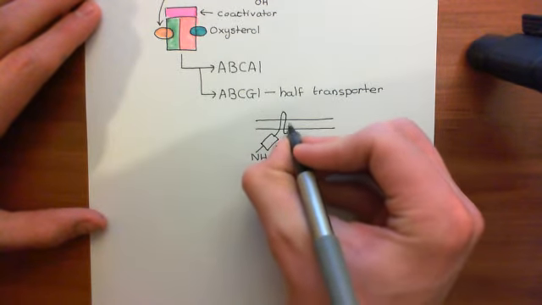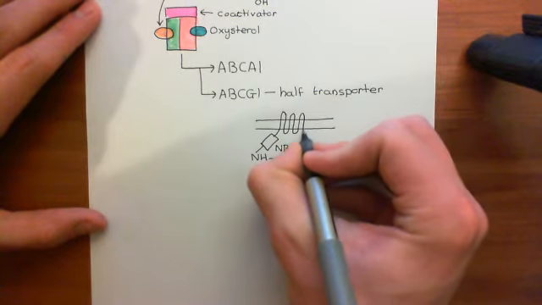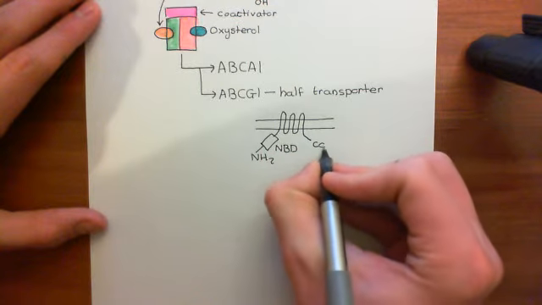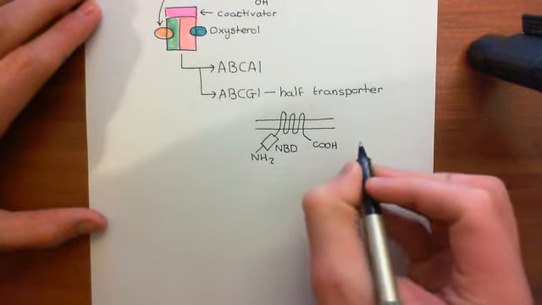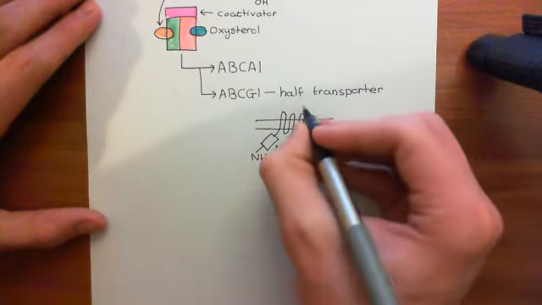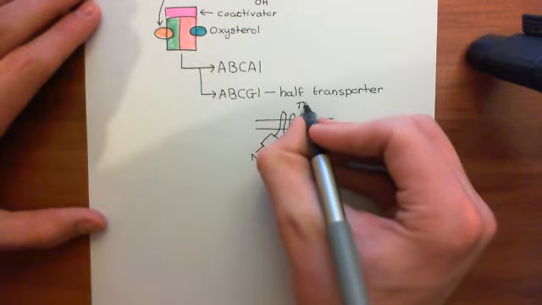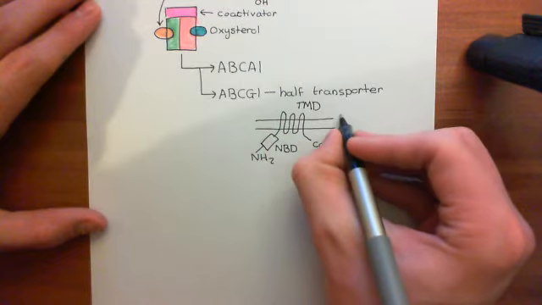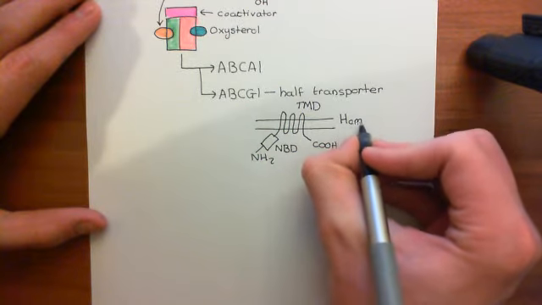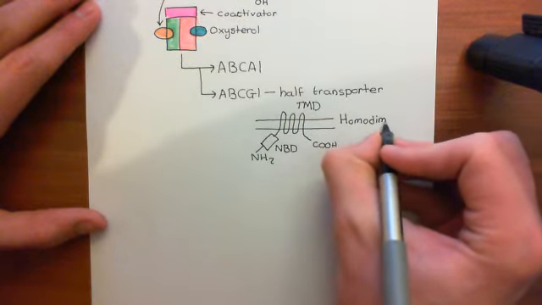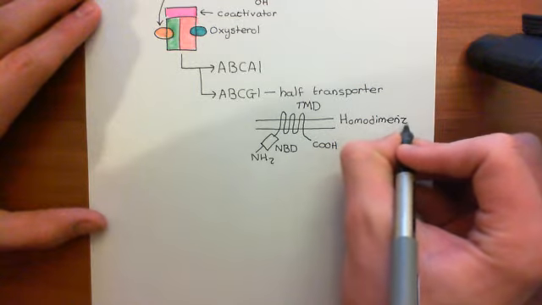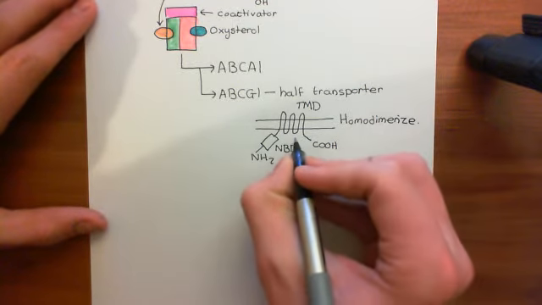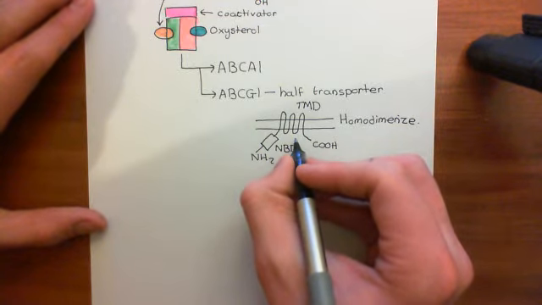Then you have your one and only transmembrane domain, consisting of these 6 membrane-spanning alpha helices clustered together, and then you have the carboxylic acid terminus down here. So this is your one transmembrane domain. And these will homodimerize to form an ABCG1 transporter. These can also transport cholesterol molecules and lecithin molecules out of the cell.